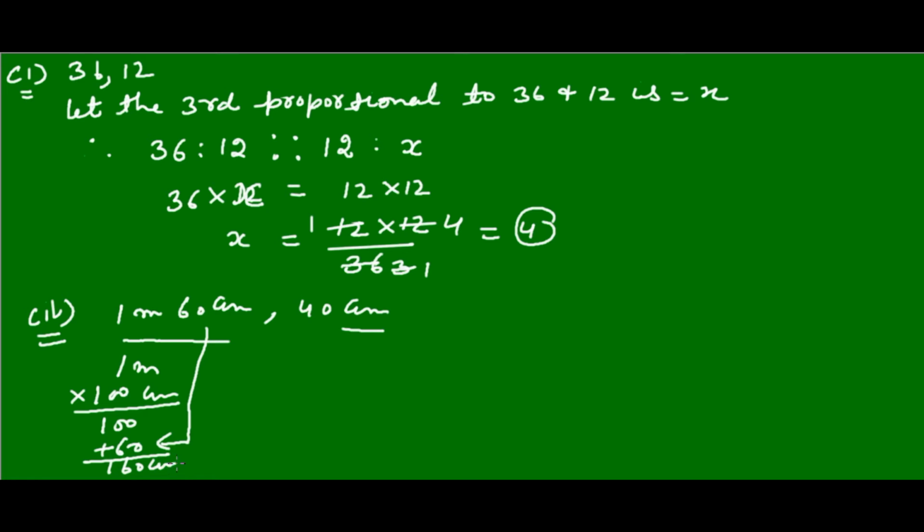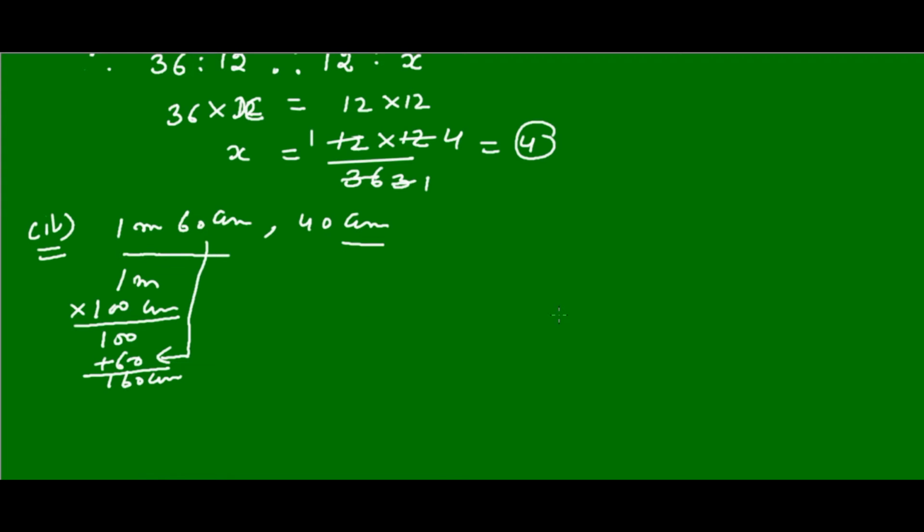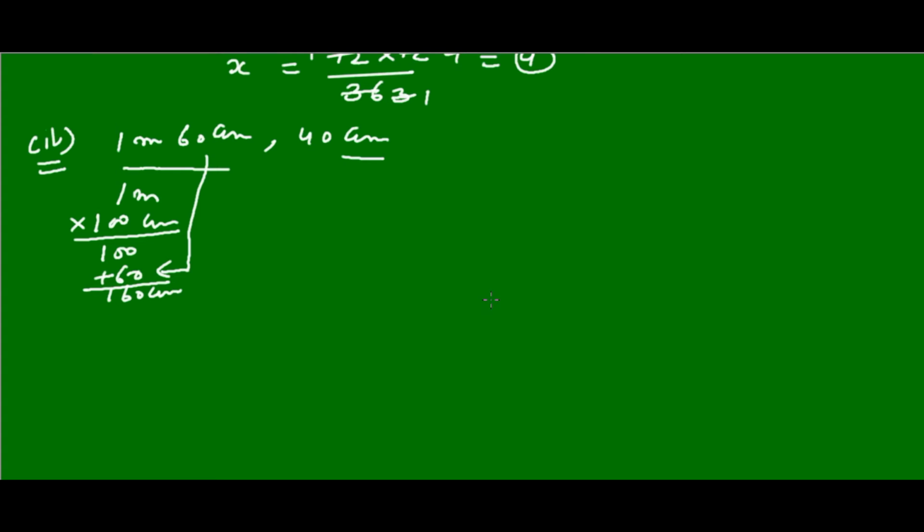Now we add these 60 centimeter, so this will become 160 centimeter. Now it is okay. Now we are going to solve our problem. It has become 160 centimeter and 40 cm.